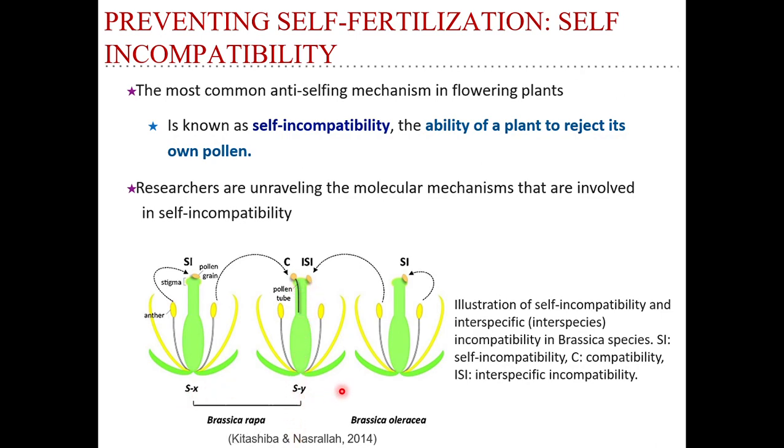However, if it's from another species, for example Brassica rapa and Brassica oleracea, it is known as interspecies or interspecific incompatibility. Even though the pollen is from the anther of another flower, it cannot fertilize the other flower. Even though from two different flowers, it is interspecies, so it cannot fertilize.